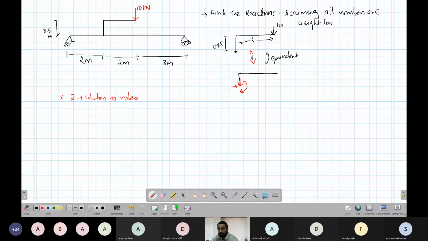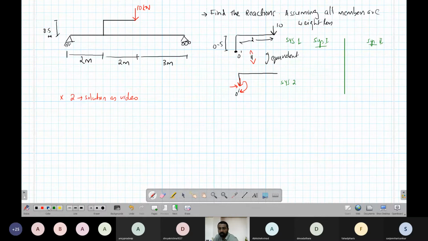So how do you do that? Let this point be O dash. This is system 1 and this is system 2, just for understanding purposes. Either system should behave in the same way.